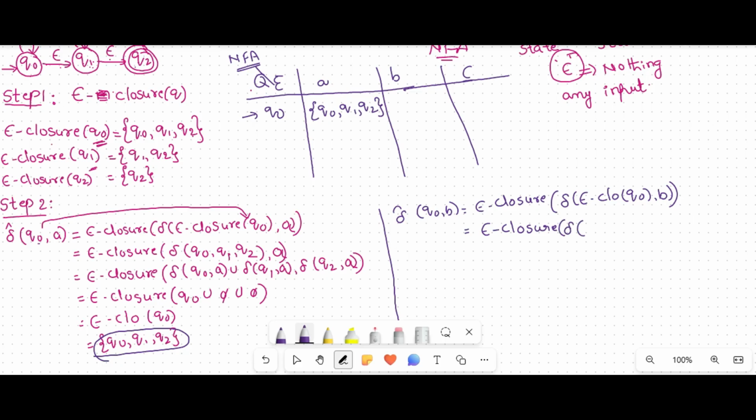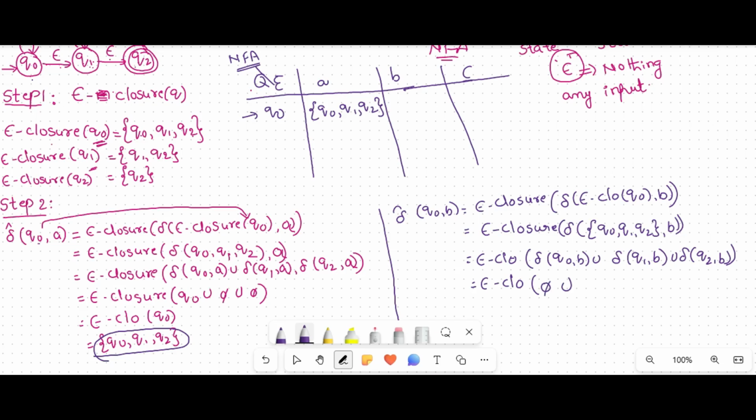Transition of epsilon closure of Q naught, which is Q naught, Q1, Q2, with B. This is nothing but epsilon closure of delta of Q naught with B union delta of Q1 with B union delta of Q2 with B. You can write epsilon fully, I am writing the shortcut. Q0 with B, there is no transition.